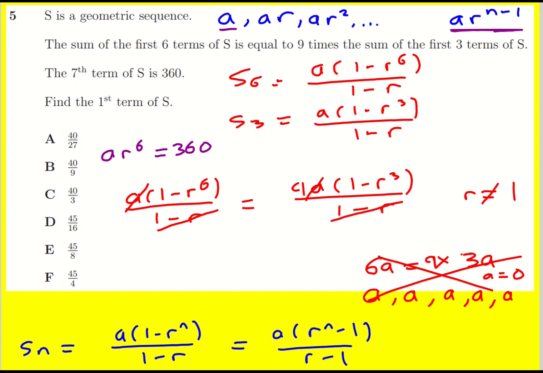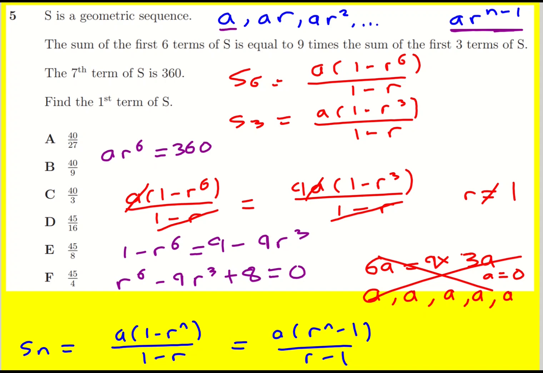Back to here. So now I've got 1 minus r to the 6 equals 9 minus 9r to the 3. This is actually a hidden quadratic in r to the 3. So I'm going to rearrange: r to the 6 minus 9r to the 3 plus 8 is going to equal 0.